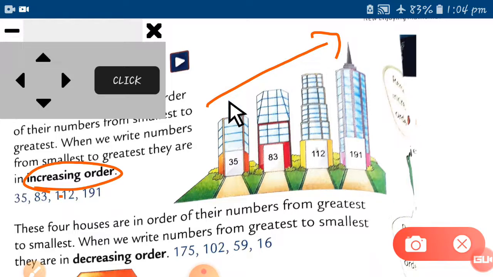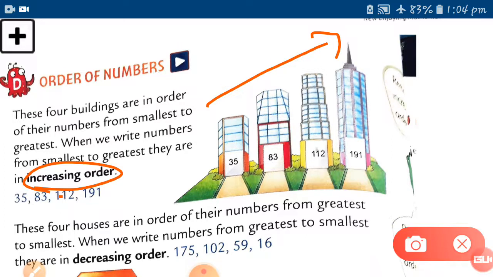Now the arrow goes up, and here the arrow is at the top, right? Now the arrow is coming down. Whenever the arrow goes down, it means this is the decreasing order.